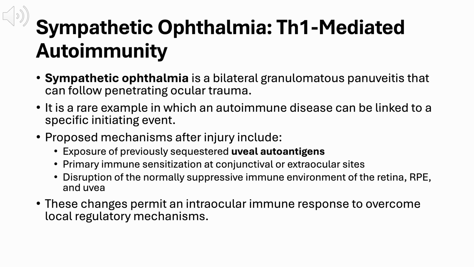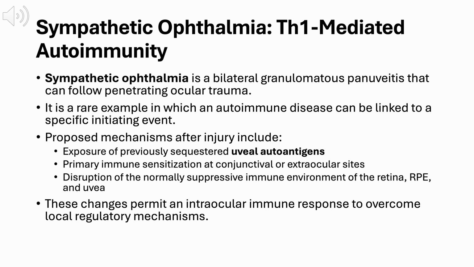Several mechanisms are proposed for how trauma breaks tolerance. First, exposure of previously sequestered uveal autoantigens, self-proteins the immune system normally never sees. Second, primary immune sensitization at conjunctival or extraocular sites, where antigens are presented in a less protected environment.